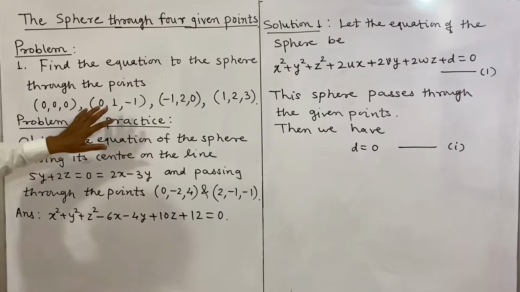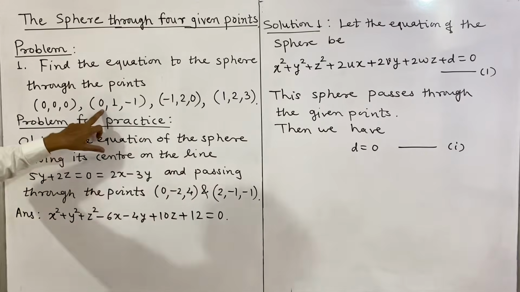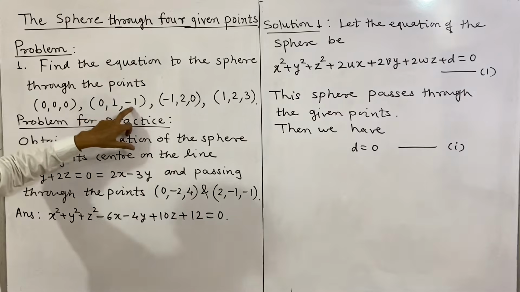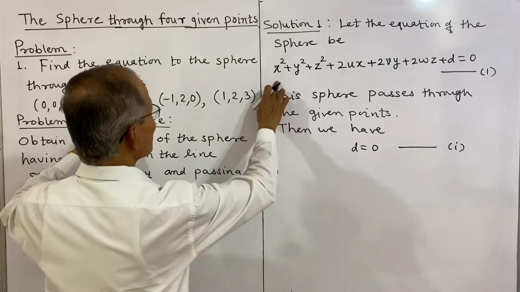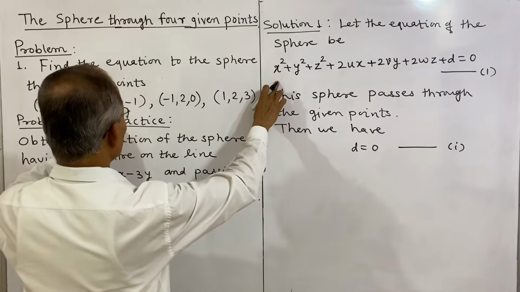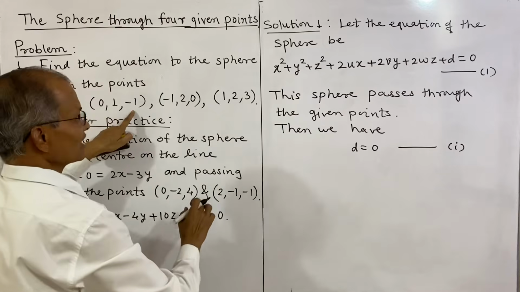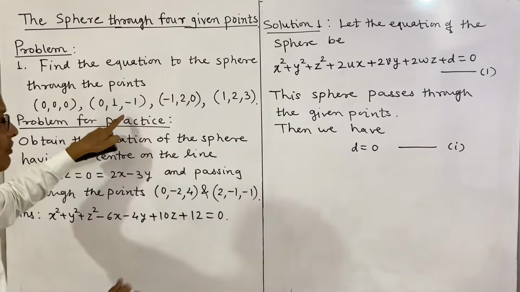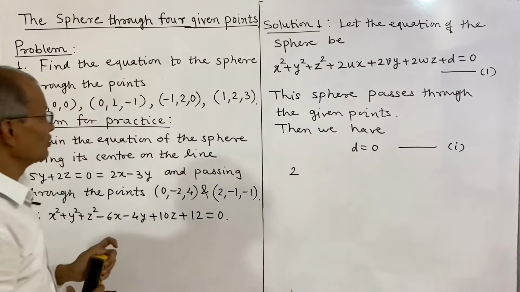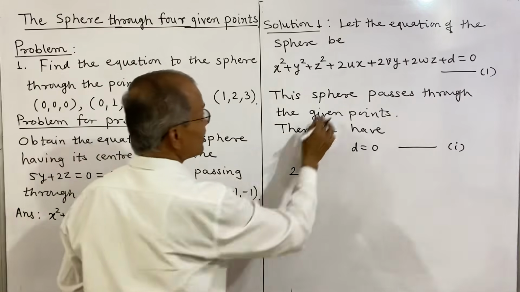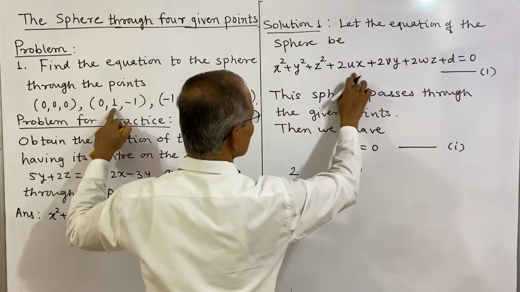Now consider the second point. This point lies on this sphere, and here x is 0, y is 1 and z is -1. So x is 0 means 0 square is 0, y is 1, 1 square is 1, and -1 square is also 1. So this addition is 2. Next is plus 2ux, x is 0, so this term is 0.